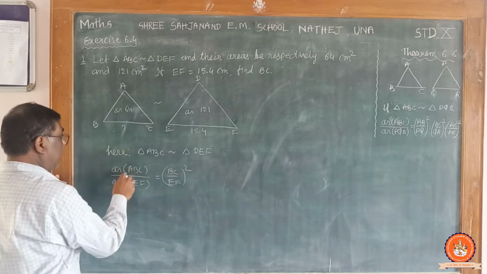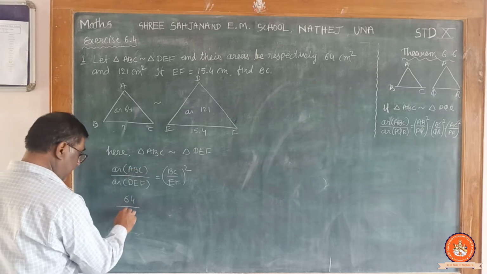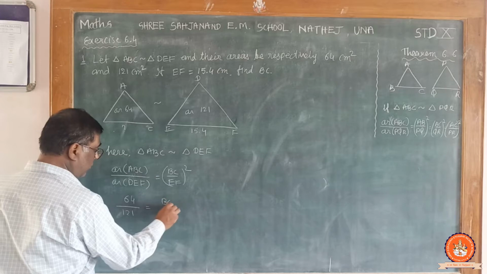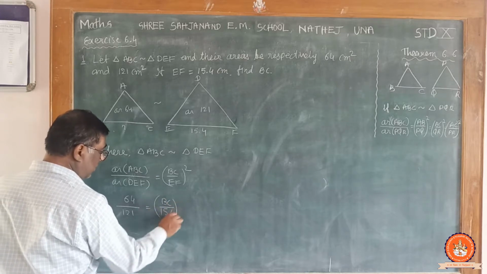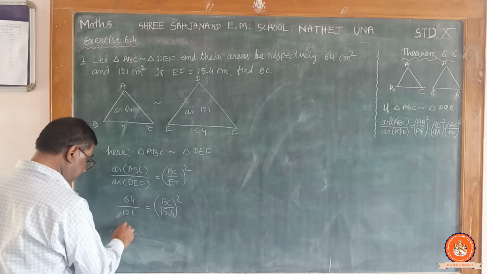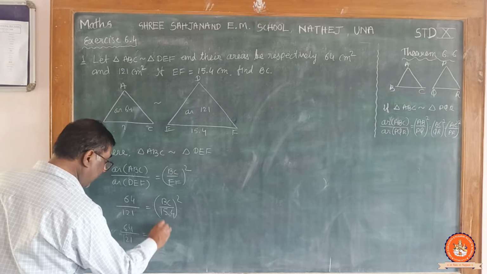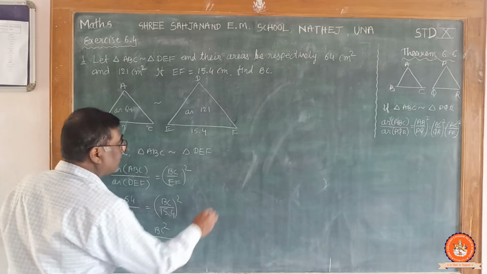Okay, so area of ABC is 64 centimeter square, area of DEF is 121 centimeter square, BC is not given, we have to find it out, and EF is 15.4 the whole square. So it's 64 upon 121 is equal to BC square upon 15.4 square.